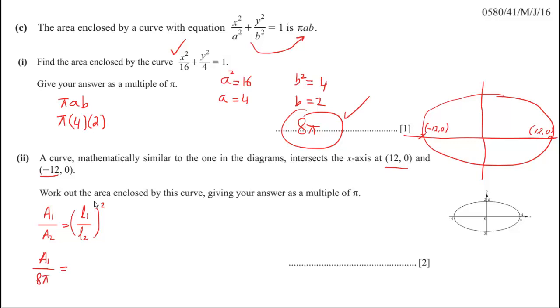This is equal to, let me take the length of this. This length is 12. 0, 12 means from the origin up to here, it is 12. So 12 over, and this length is 4, whole square.